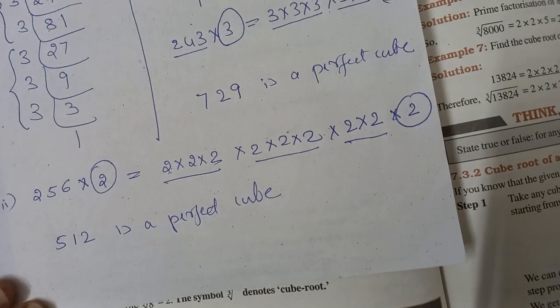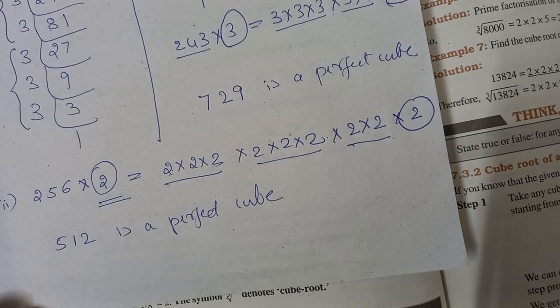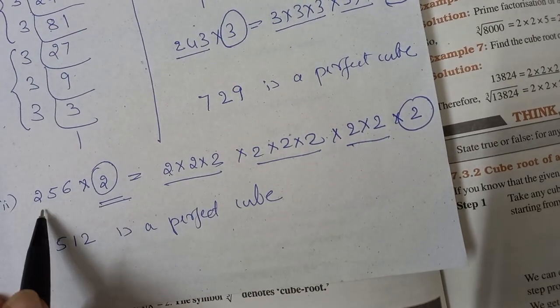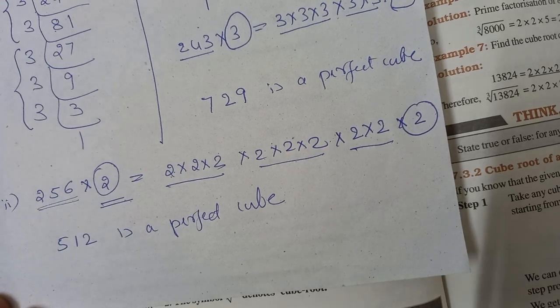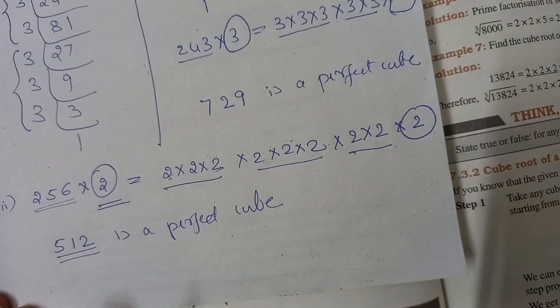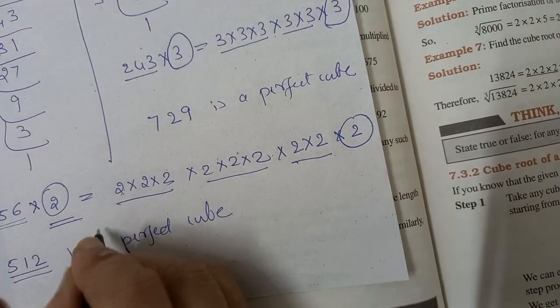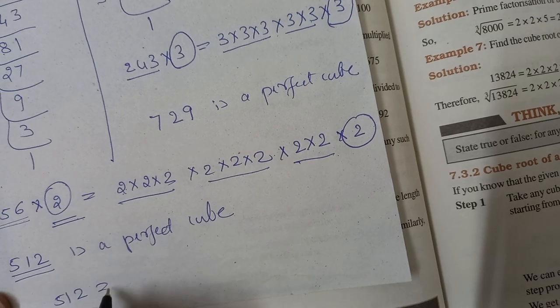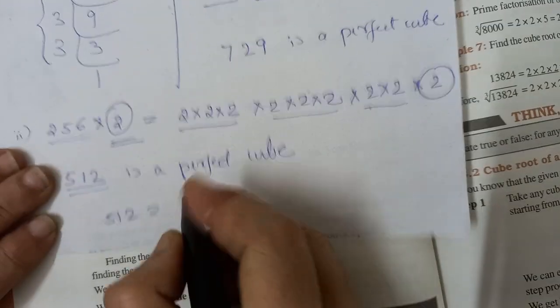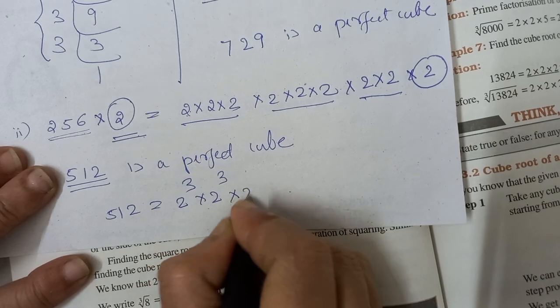Correct? 2 is the required smallest natural number by which 256 must be multiplied so that the product is a perfect cube. 512 is a perfect cube. 512 is equal to 2 cube into 2 cube into 2 cube.